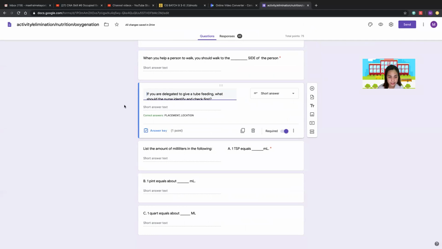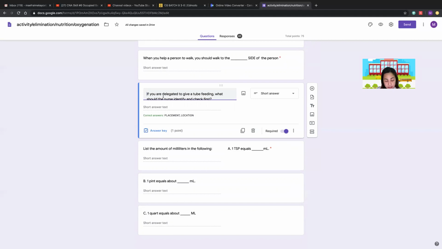If you are delegated to give a tube feeding, what should the nurse identify and check first? Okay, very few of you answered this question. If you're giving tube feeding, especially NGT, as I've told you, you need to check first the placement of the tube, where it is placed.